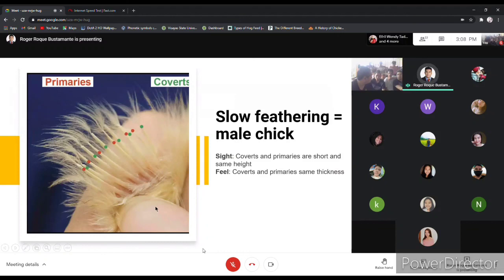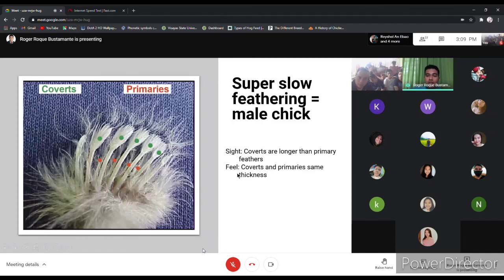So slow feathering is for male chicks. Coverts and primaries are short and the same height, and have the same thickness. Okay, super slow feathering is also for male chicks. Coverts are longer than the primary feathers, and coverts and primaries have the same thickness.